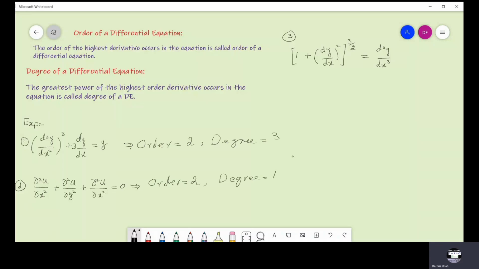Now look at example number 3. Before we find the order and degree of this differential equation, we have to remove this fraction. Let us square both sides.